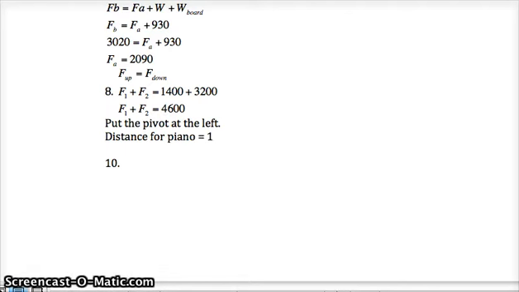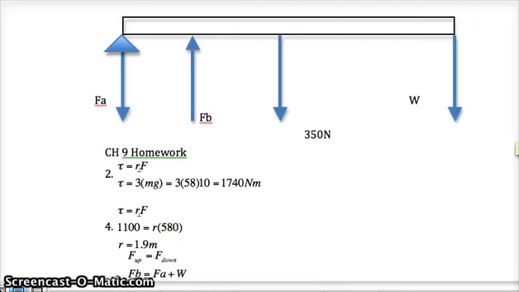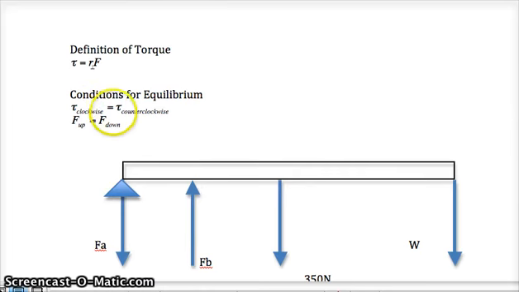Well, I'm just going to call it 1. And the distance for the beam is going to be half the way apart. I'm going to call it 2, so that way the whole thing is 4 meters across. And that should be as good as anything. So we'll pivot it on the left again.